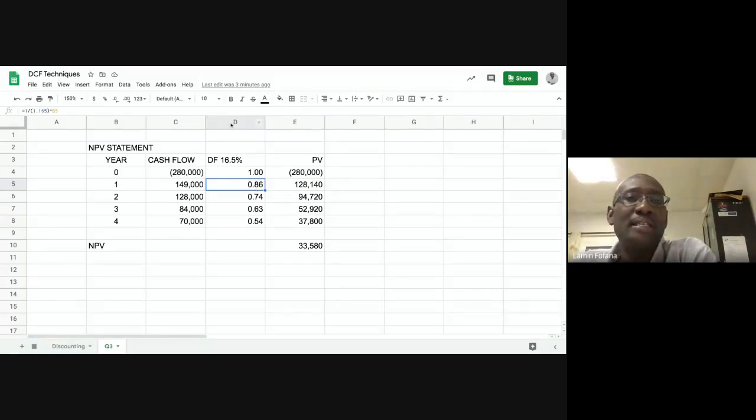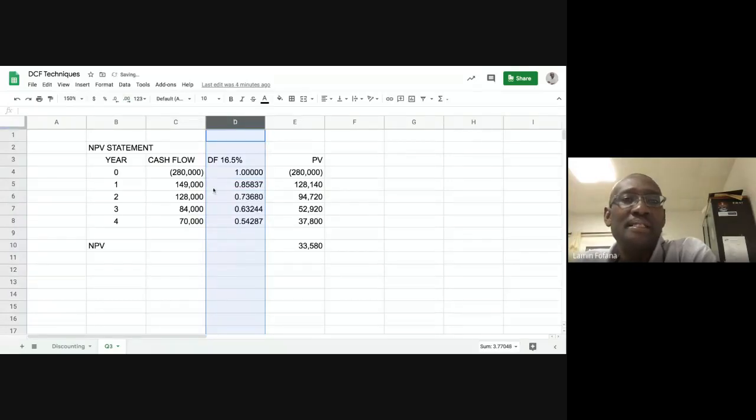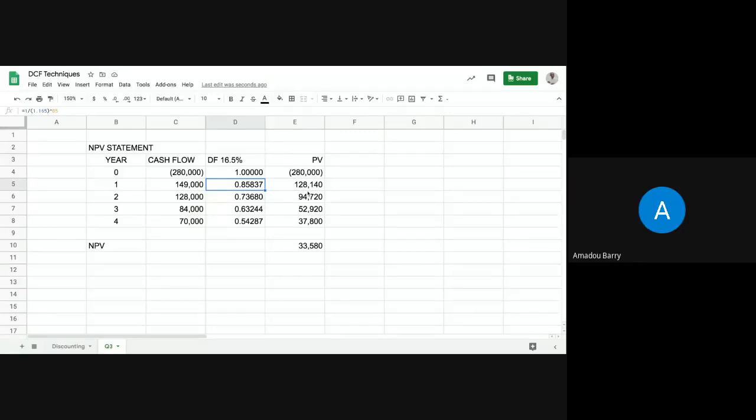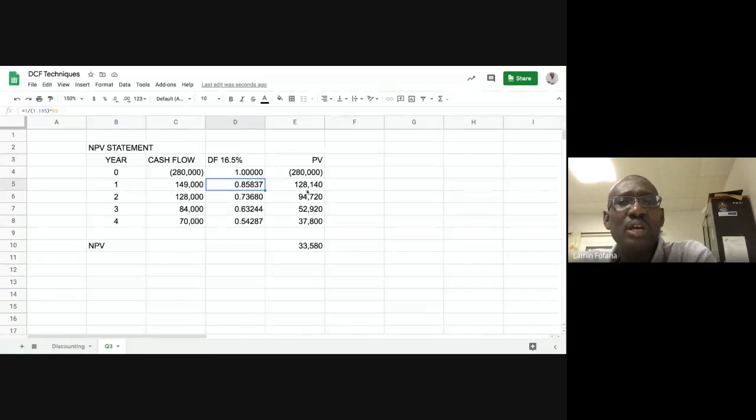Let me expand and then you see what I'm trying to say. In actual sense, it's not 0.86, but it's 0.85837. So if you take this and multiply by this, the answer it will give you will be less than what I have now.